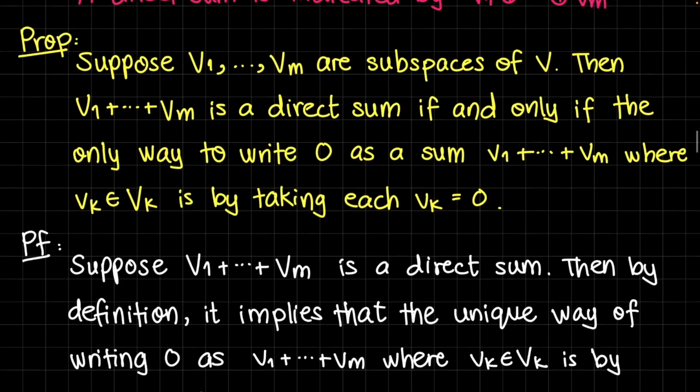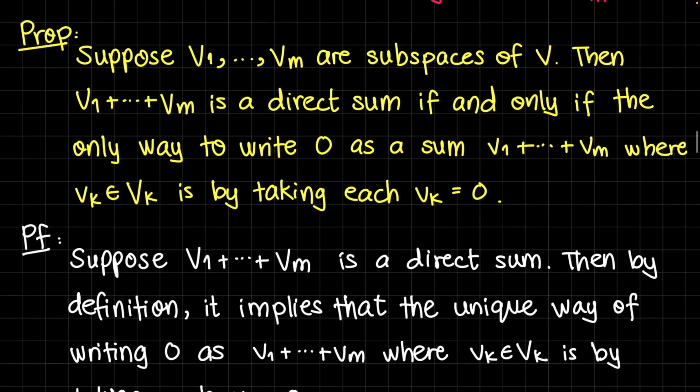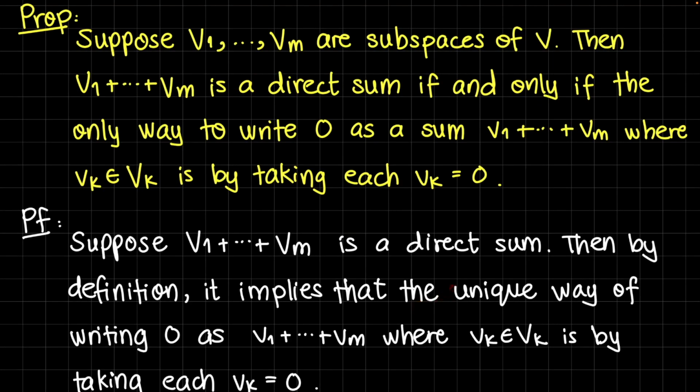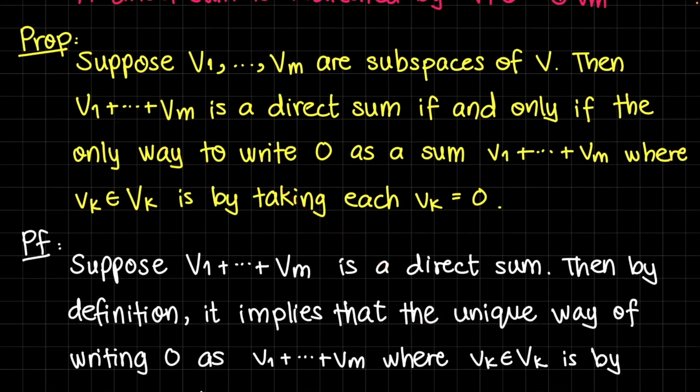Okay, so how do we prove that? Well, this is a bidirectional argument, so we have to go both ways. In the first, we will assume that v1 plus dot dot dot vm is a direct sum, and then we will show that the only way to write 0 is by taking all the component vectors to 0.